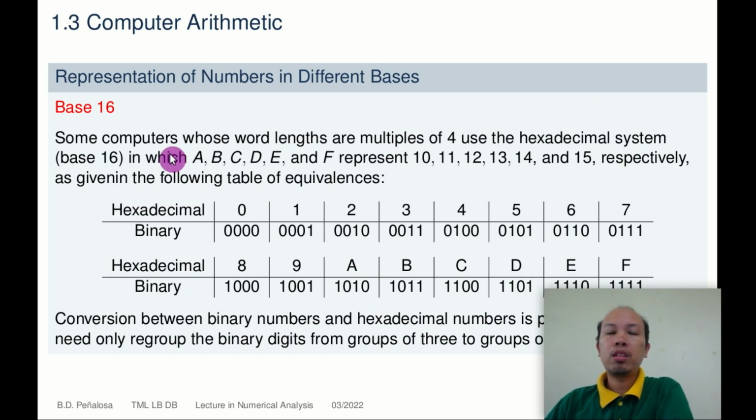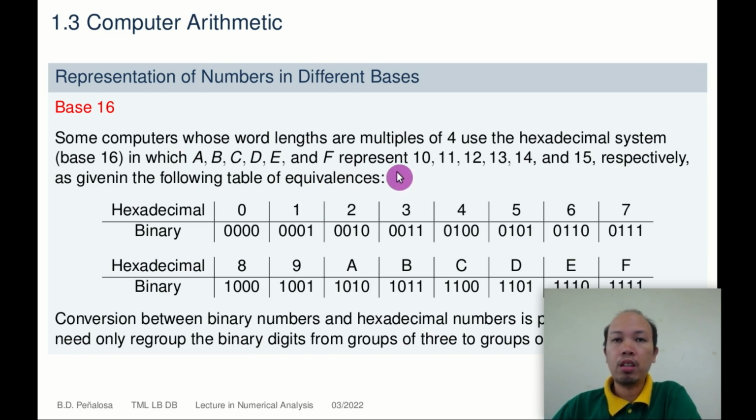If the digit is greater than 9, especially when we are given a digit which is 10, 11, 12, 13, and so on, we will replace it with a symbol or a letter.